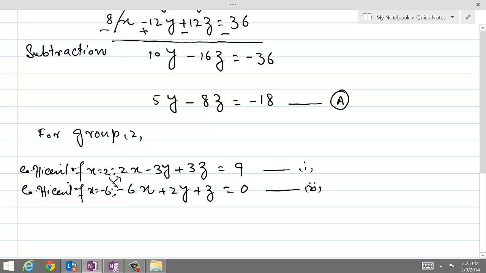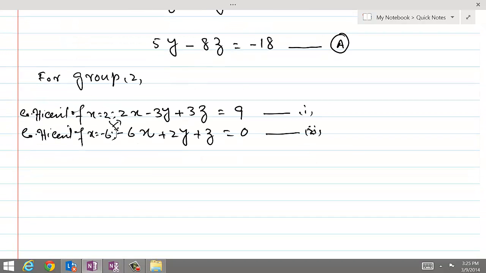So that's what we do here. Minus 6 times 2x minus 3y plus 3z is equal to 9.